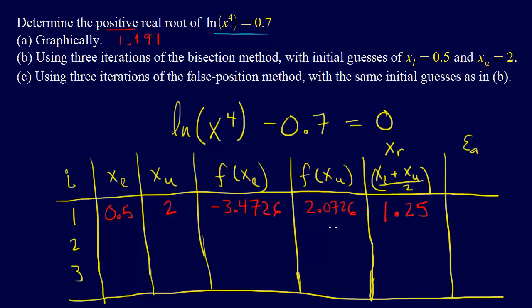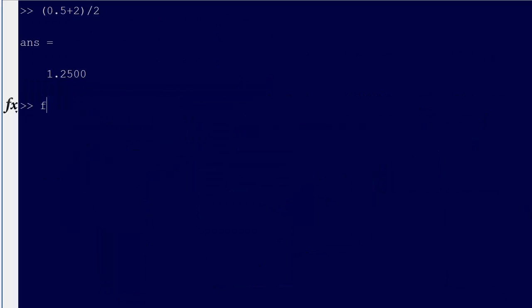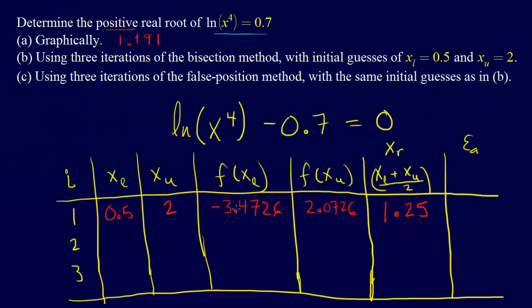Okay, and now we have to evaluate the function at 1.25. So we say f of 1.25, and that's 0.1926. The reason I wrote it here is because that's going to be our upper one, 1.25.